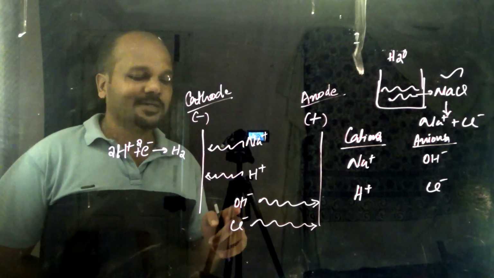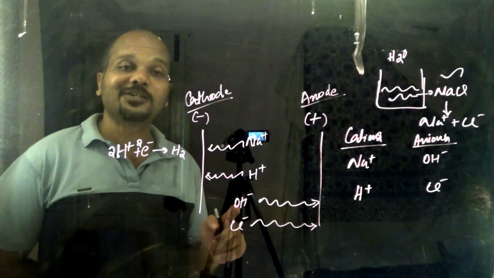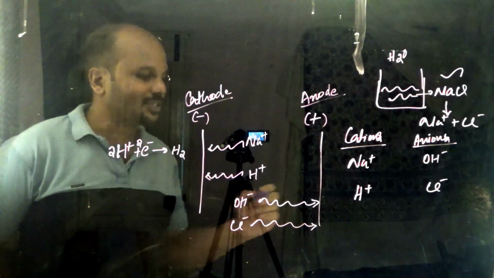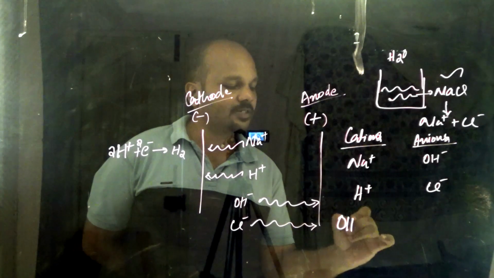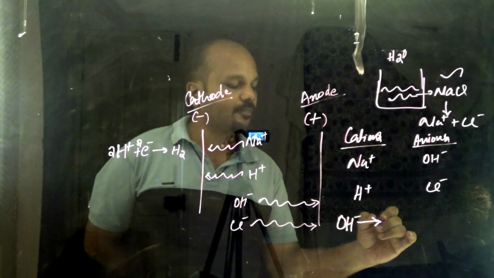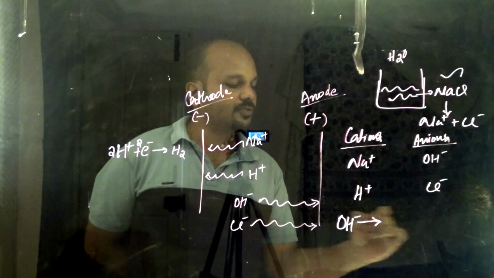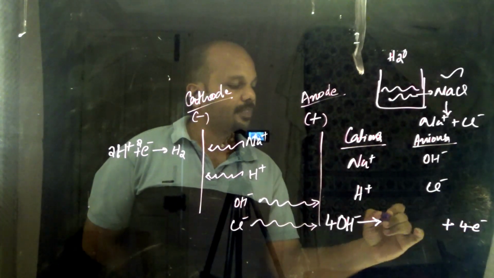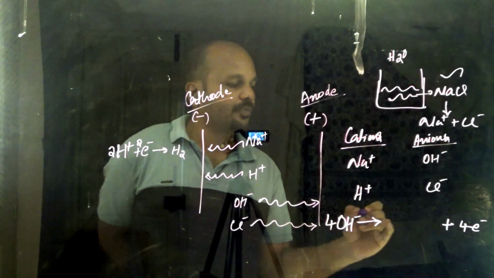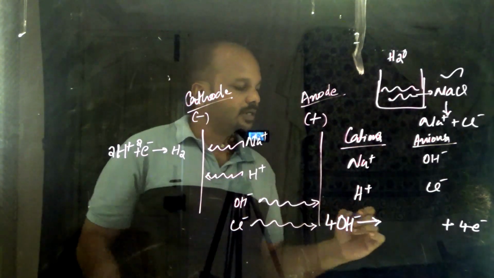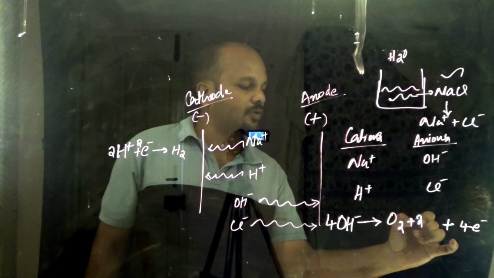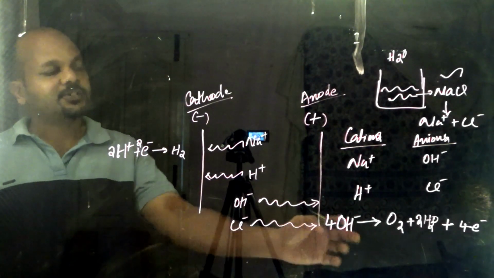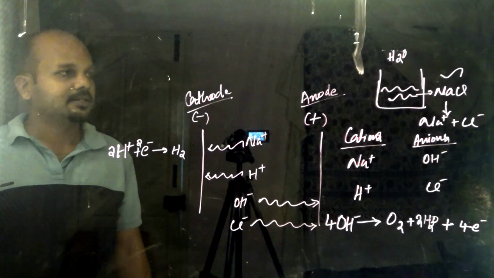So oxidation of OH- will take place in preference to Cl-, such that 4OH- gives 4 electrons plus oxygen plus 2H2O. This is the reaction that takes place at the anode.